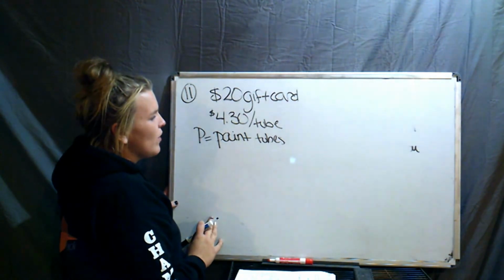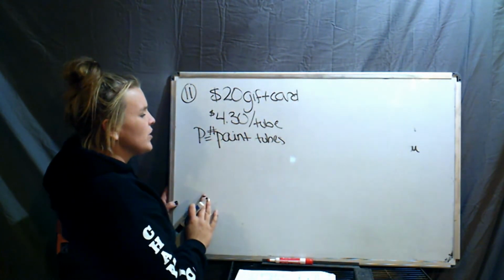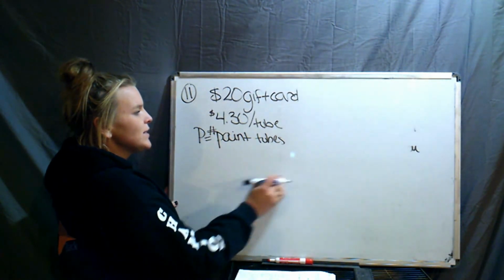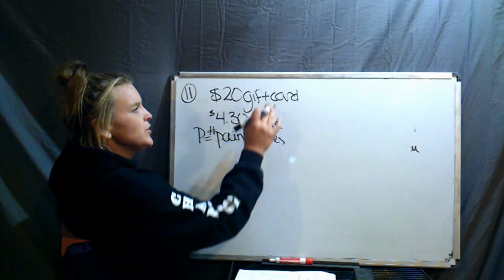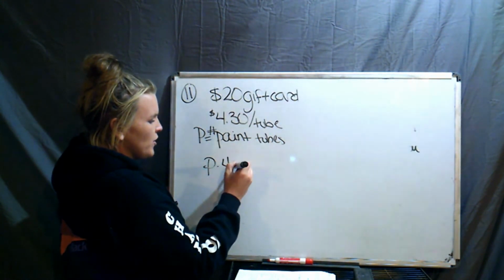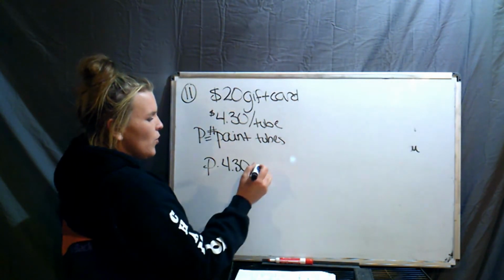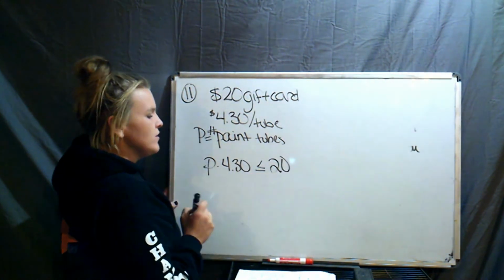So I want to know the number of paint tubes times $4.30 that's going to be less than or equal to $20.